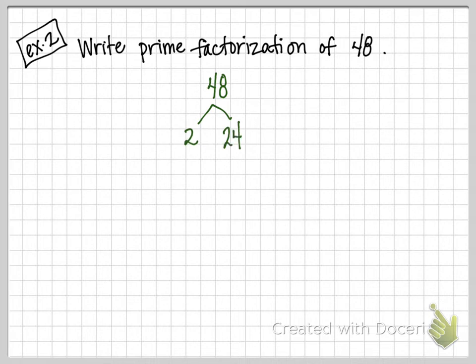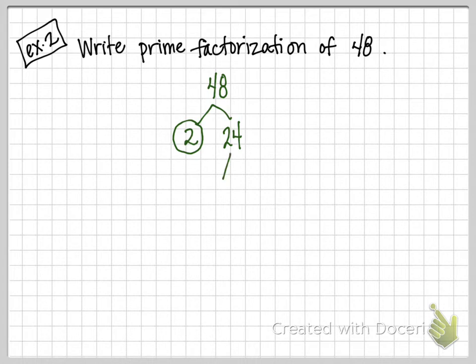Once you have a prime number, circle it. Because that part of your tree stops. Right? We can't go any smaller than 2 because it's prime. But 24, is that prime? No. 24 is not prime. Is there a prime factor, Hudson, that goes into 24? What's its counterpart? 3. Yes. Okay. 3 goes into 24. Would you agree?